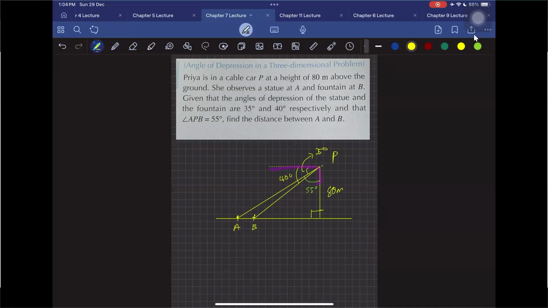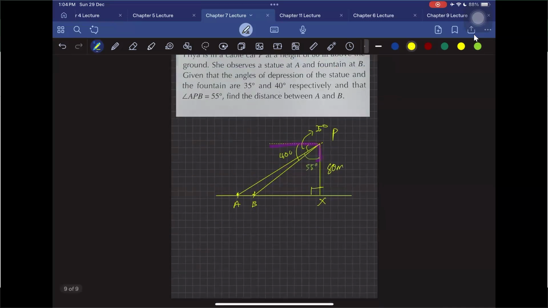So your first step is, let's say this point is X. You should look at it as two different right angle triangles. So you have angle APX, given as this 55 degrees.